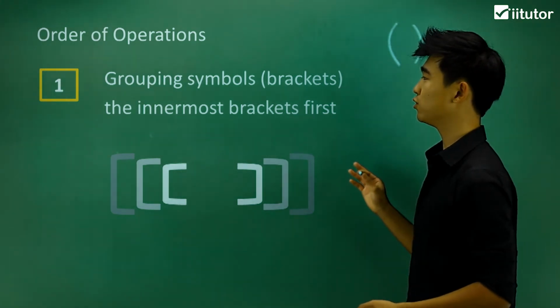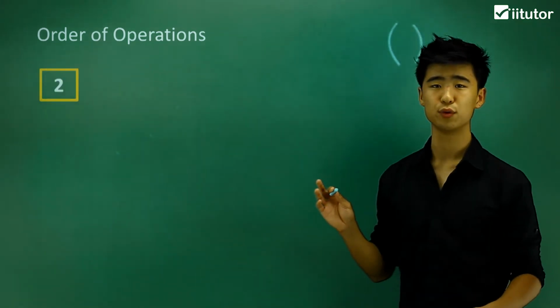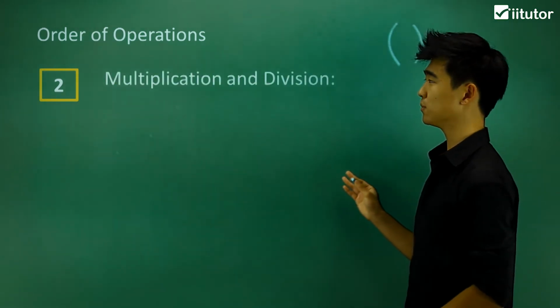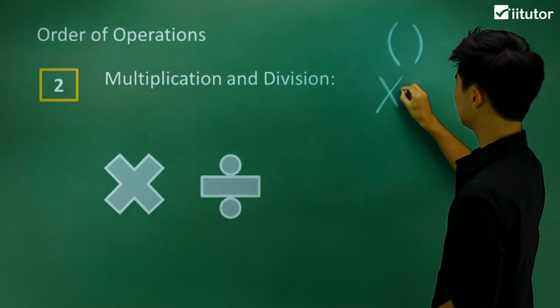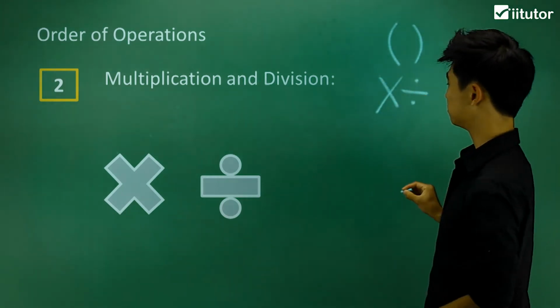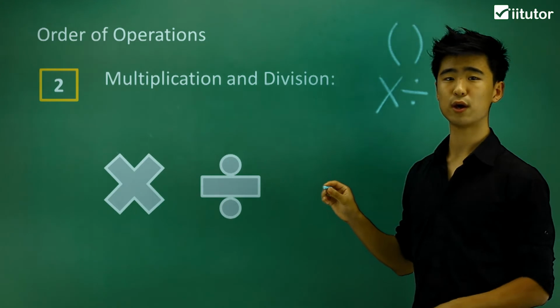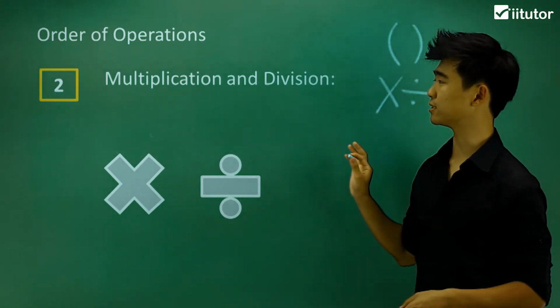Now, after we do brackets, number 2, what should we do? It's multiplication and division. So I'll just write that up here. Let's write a little times and divide sign here so that we know that comes after my brackets.